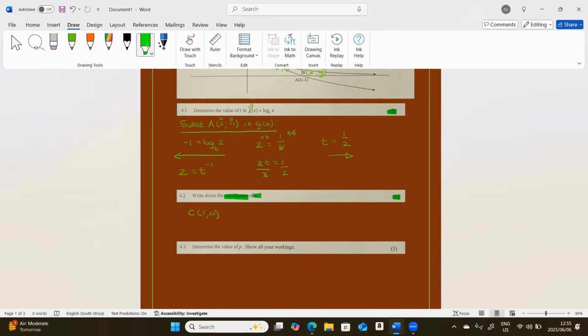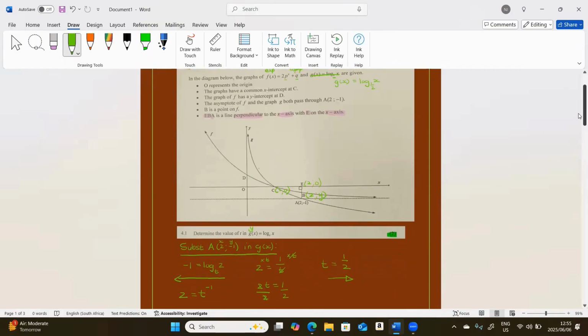But I just quickly want to show you how to get to 1 if you maybe forgot this principle that without the plus q in your log equation, your x-intercept would be 1. If you forgot that, then you could have calculated, right? What do we know about an x-intercept?